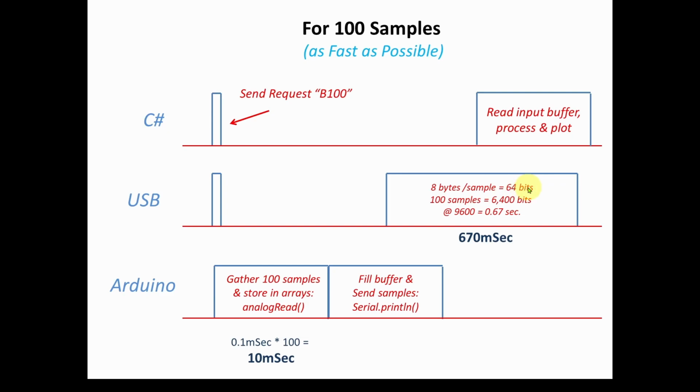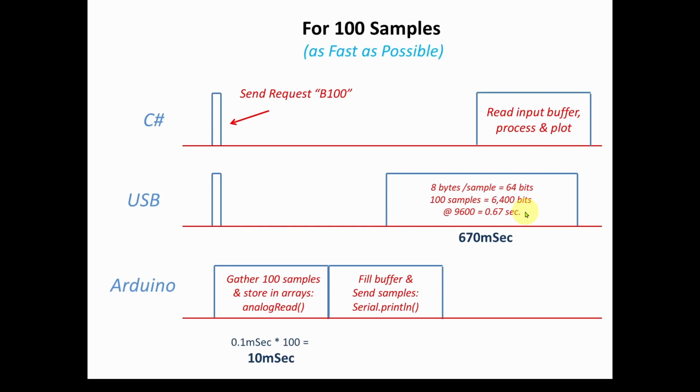We're going to send 100 samples of 64 bits per sample. That means 100 times 64 is 6,400 bits are going to be sent to send all 100 samples. Now, we know we're sending at a transfer rate of 9,600 baud, or 9,600 bits per second. So how long at that rate can I send 6,400 bits? Well, 9,600 in 1 second, so 6,400 comes out to 0.67 seconds.